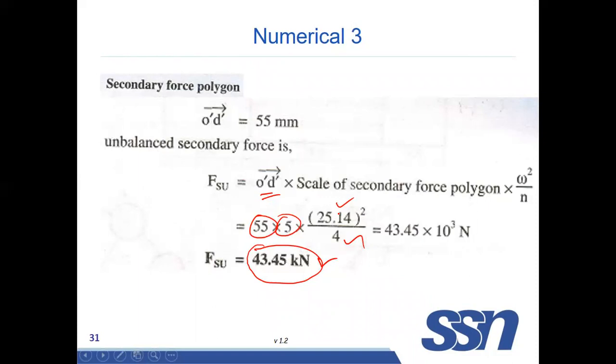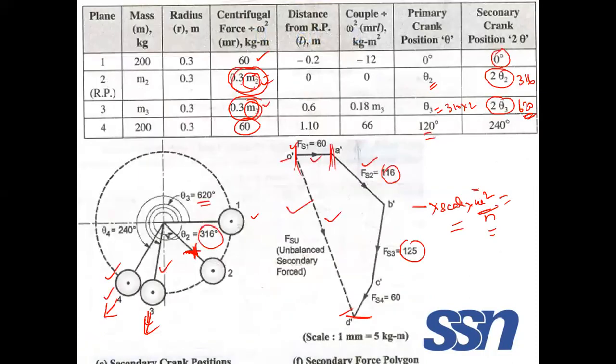So here there are a number of variables. What are the variables you can vary? In case of an engine, you can vary the mass, the radius, the theta, and the firing order by doing a lot of iterations by permutation and combination.